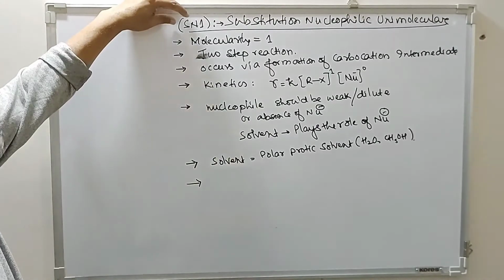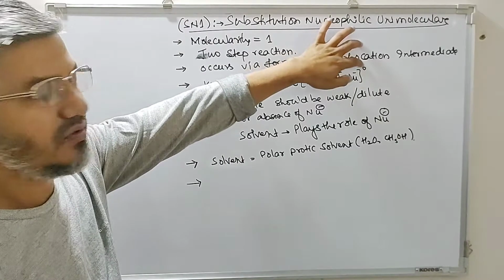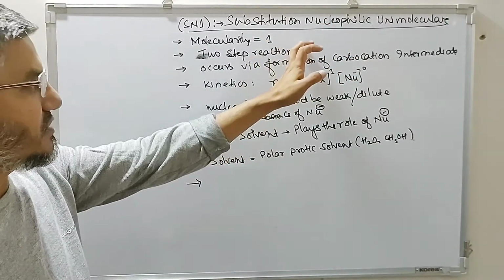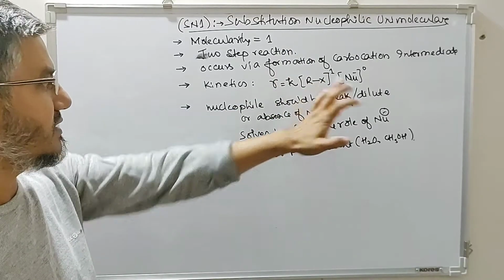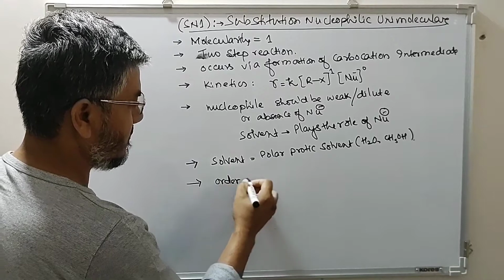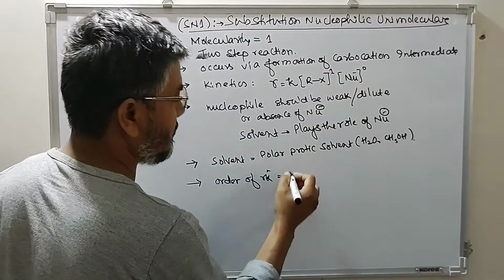Now we have this SN1. There is a formation of carbocation. The reaction involves two steps. Kinetics is this. So order of reaction is 1 plus 0.